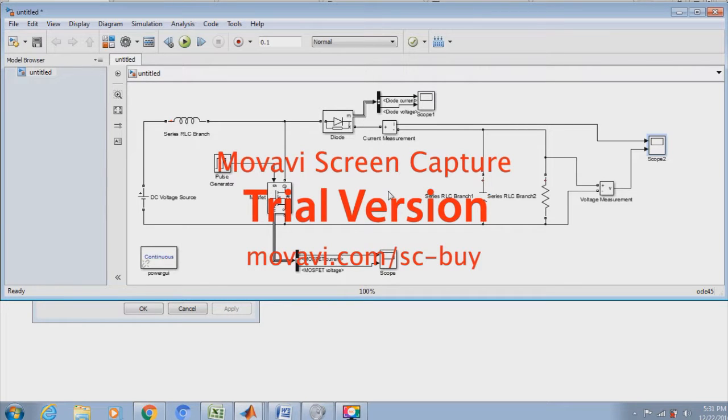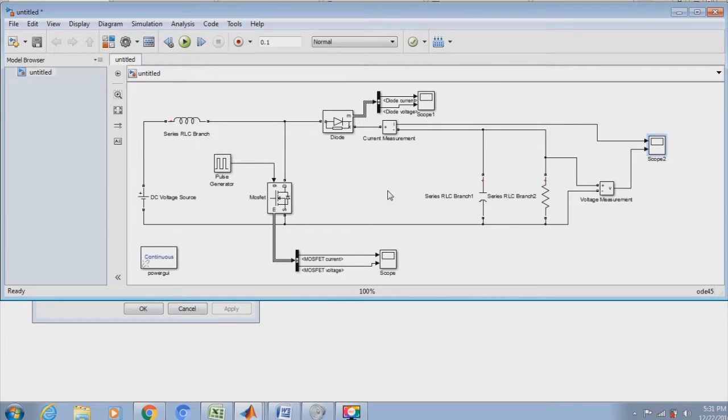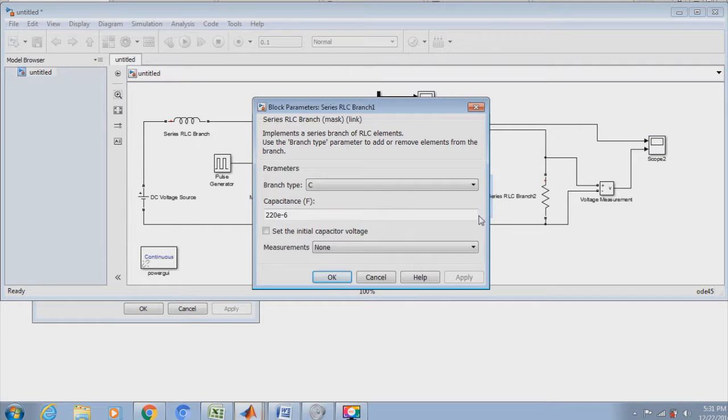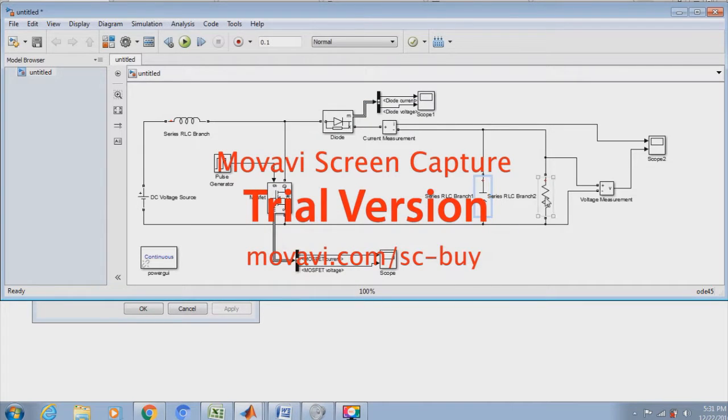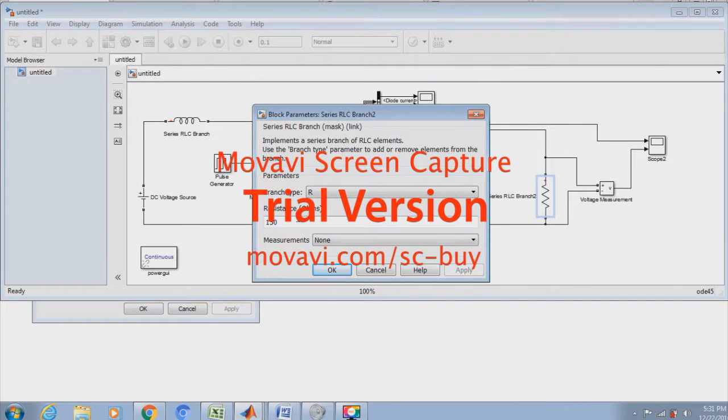Other than that, everything was kept constant, which is the capacitor, kept constant at 220e-6, and also the resistor at 150 ohms.